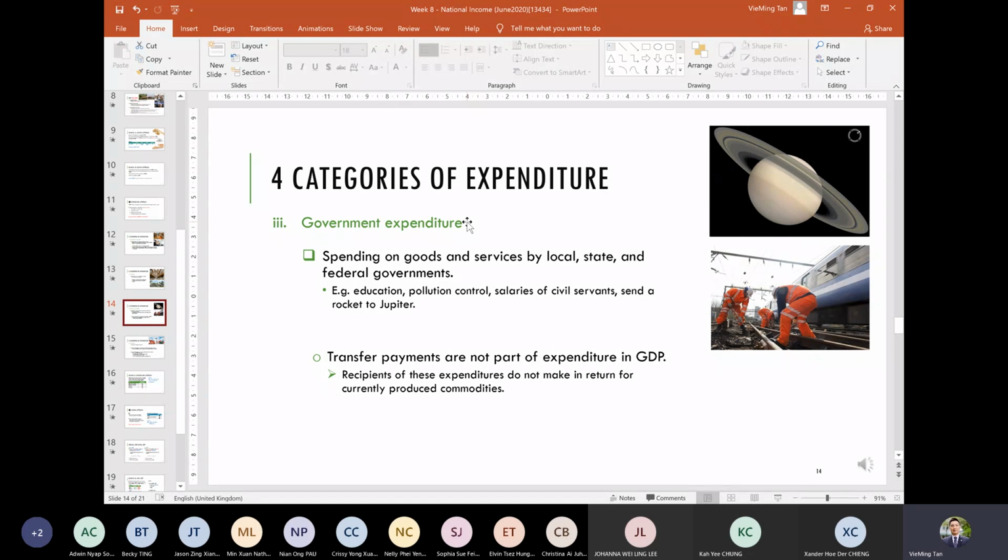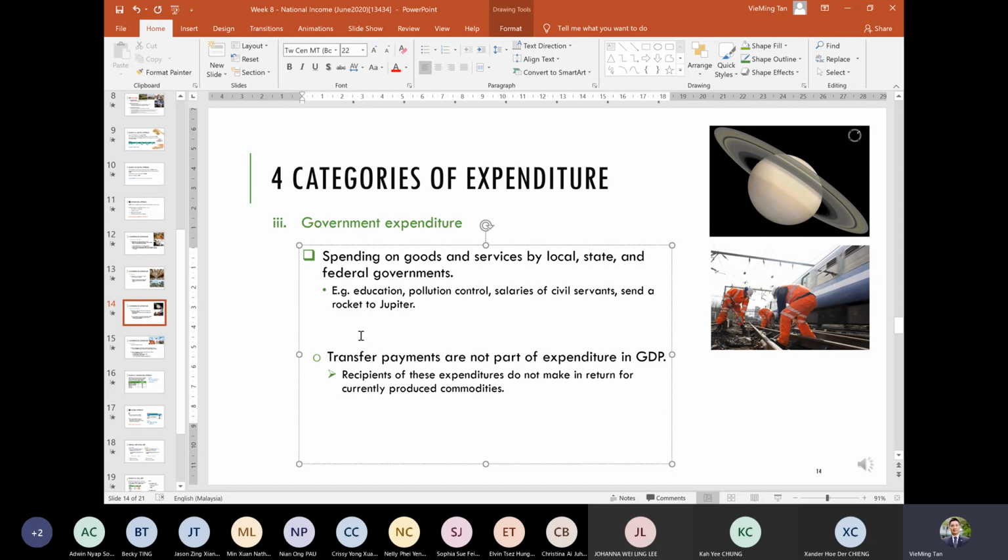However, remember, if the business activity or transaction does not involve productive activity, that means it cannot generate additional value to the product or service, then that should not be counted under government expenditure. For instance, public transfer payments. Usually the government will provide some financial aid to the poor when the economic condition is not good, and we call this transfer payment.